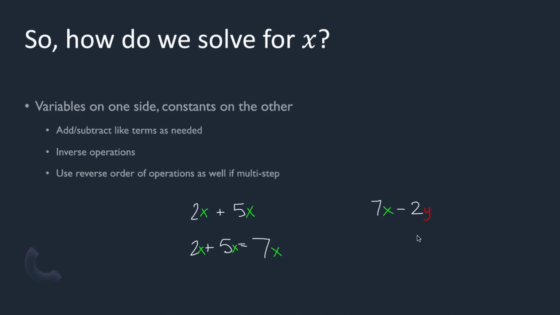Notice that I have put the x in green and the y in red. This signals to you that these two are so different that you cannot combine them using addition and subtraction. So this remains 7x minus 2y because we can't solve for that. And x and y are two different variables.